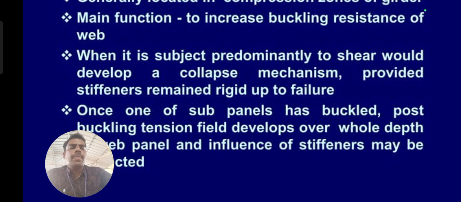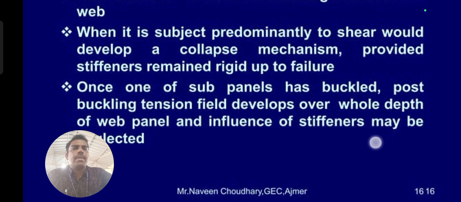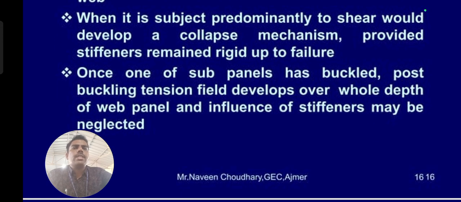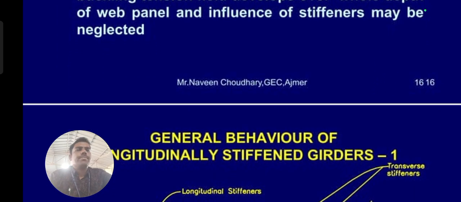Because here the collapse is the failure phenomenon. So in this situation, we are adding loads up to the collapse limits. Once one of the sub-panels has buckled, the post-buckling tension field develops over the whole depth of the web panel, and the influence of the stiffeners may be neglected.